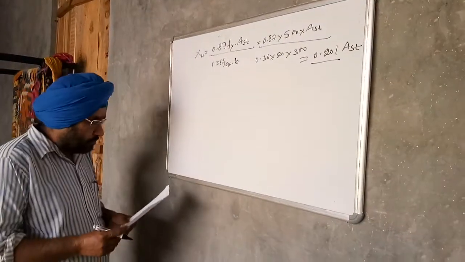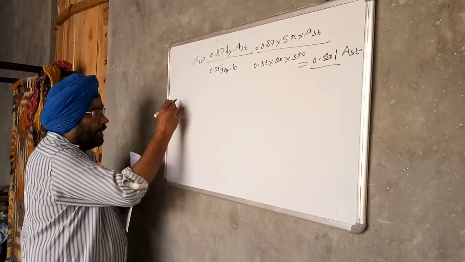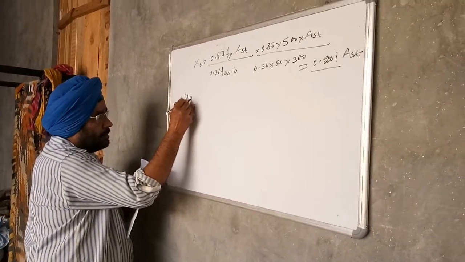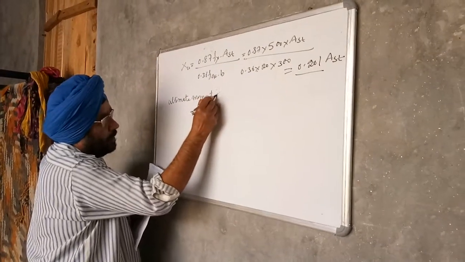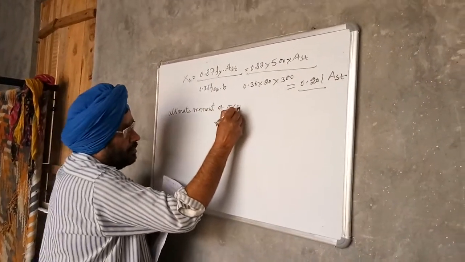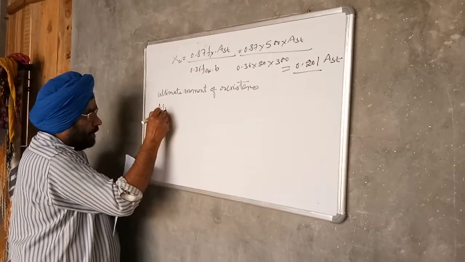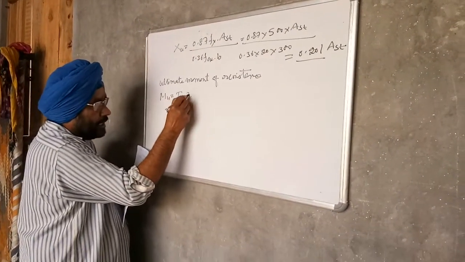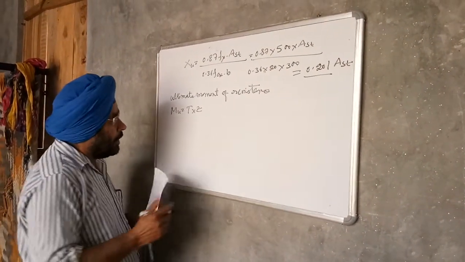Then the ultimate moment of resistance. Mu is equal to T into Z, where T is the resultant tensile force and Z is the lever arm.